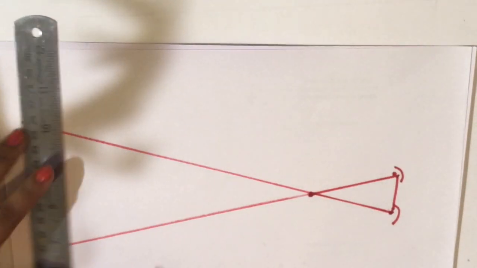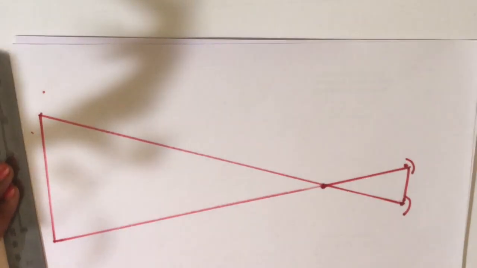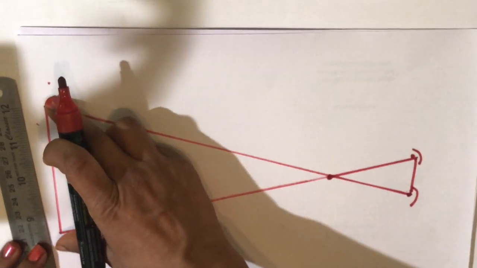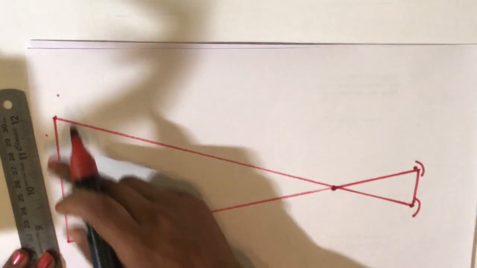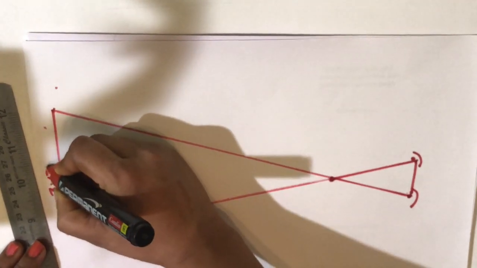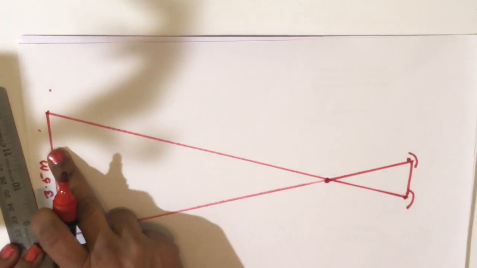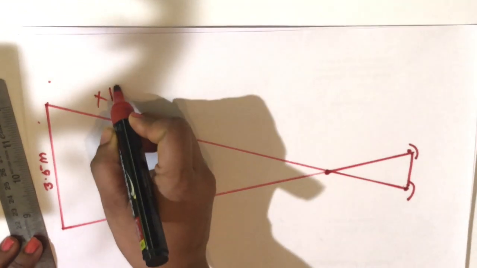So what I get is my object in sight. This is my car, my object where it was, and I know the length of this car. The length of this car is 3.5 meters, and as I know this is 3.5 meters, what I have to do is just multiply it by 10.